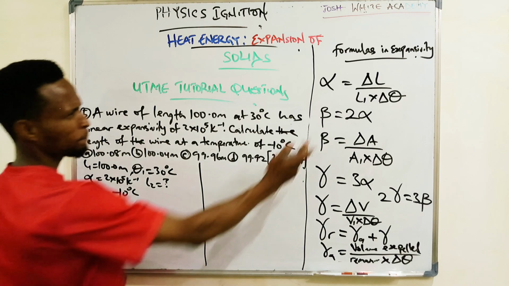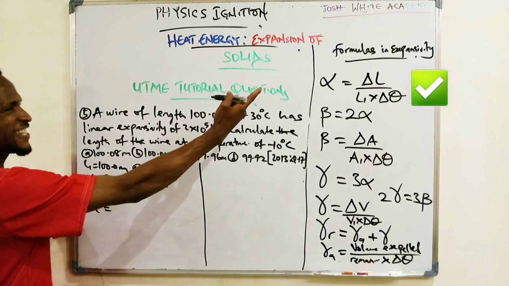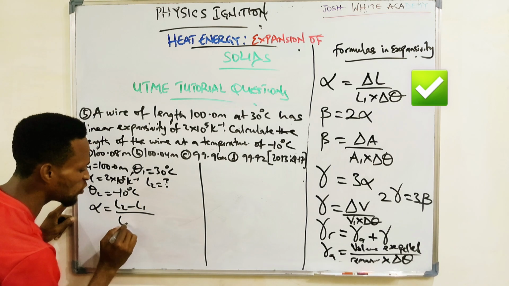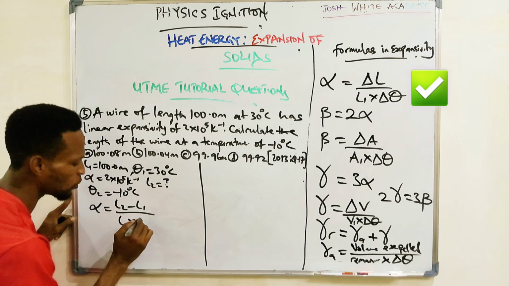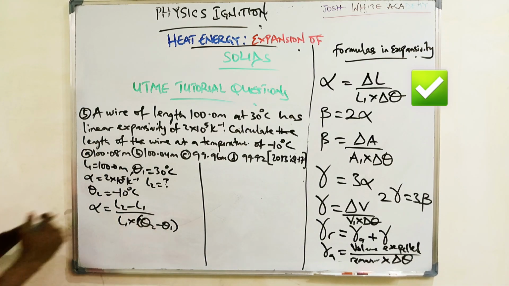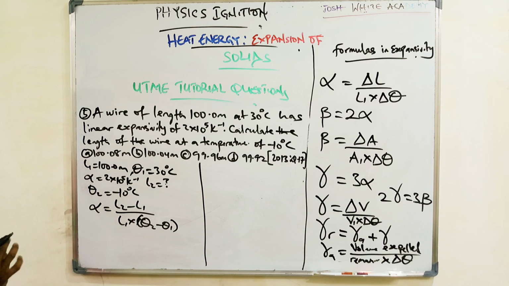Linear expansivity is equal to change in length, which means L2 minus L1, all over initial length L1 multiplied by change in temperature, which means θ2 minus θ1, in an expanded form from that condensed form. Now, let's substitute our data.